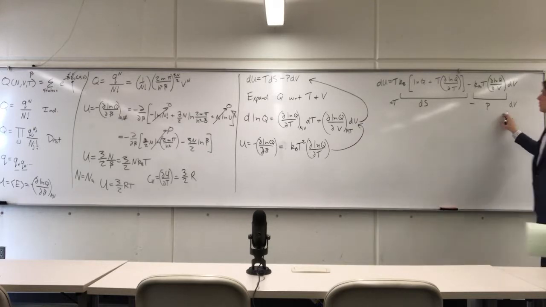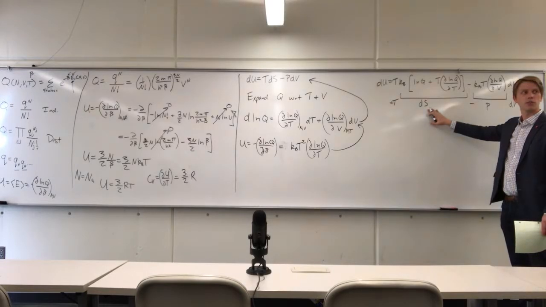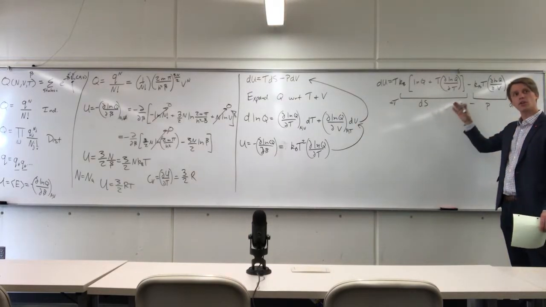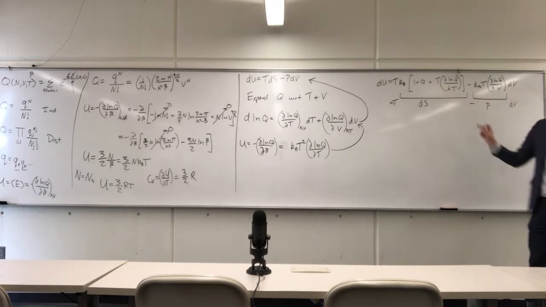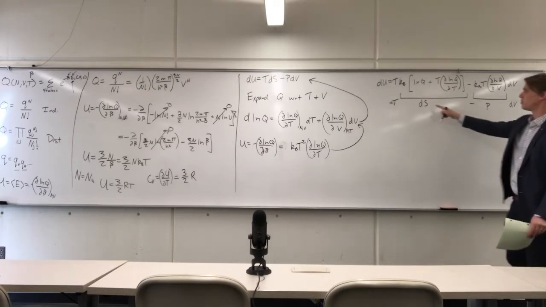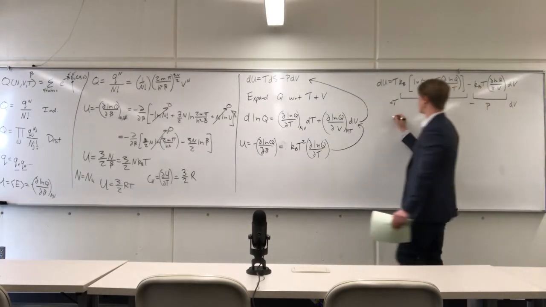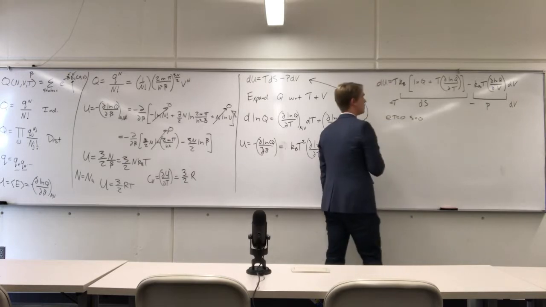So this one we don't have to manipulate very much. For dS, the rate of change of entropy, we need to integrate it. The good thing is that when we integrate this expression, what is the entropy at temperature equals 0? 0. That's the third law of thermodynamics. So because of the third law, at T equals 0, entropy is equal to 0.